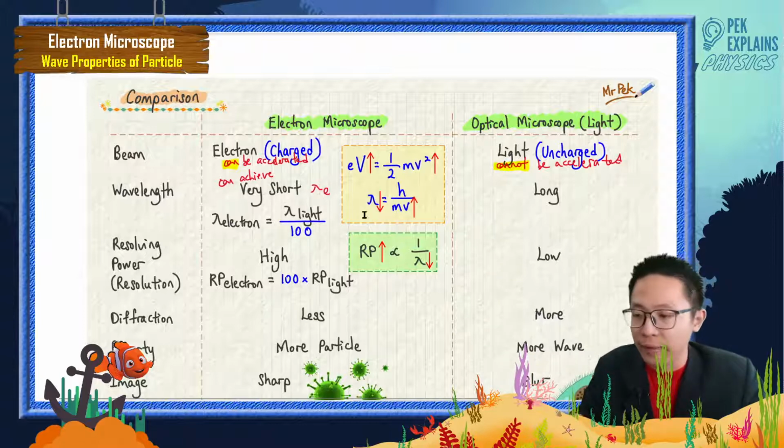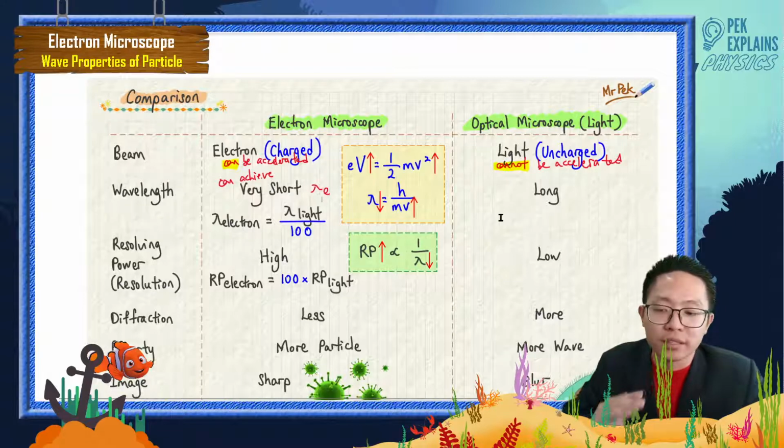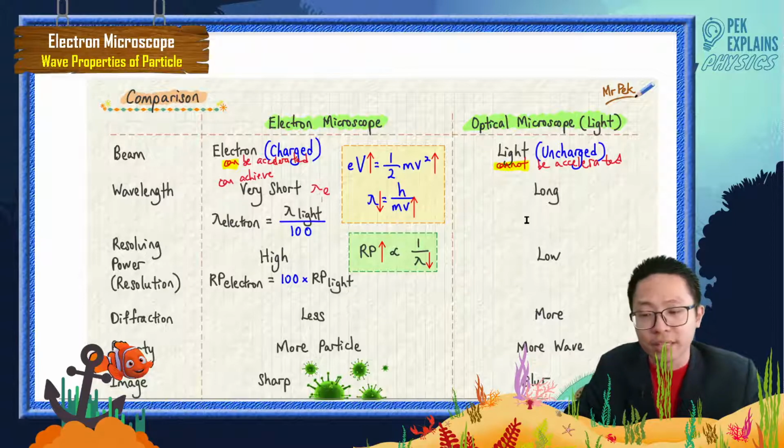We can say the wavelength of electron can become 1/100 of the wavelength of light. That means the wavelength of electron is 100 times shorter compared to the optical microscope.